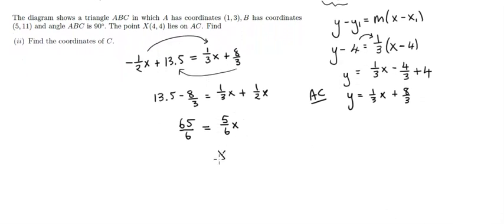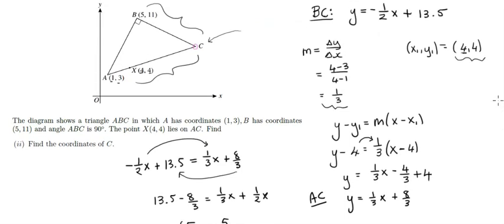So we get x is equal to 13. So the x coordinate of C in this case is 13. So all we're going to do now is take 13 and sub it into BC or into AC. Because those two lines meet at the same point, when x is 13, they'll give the same y values.